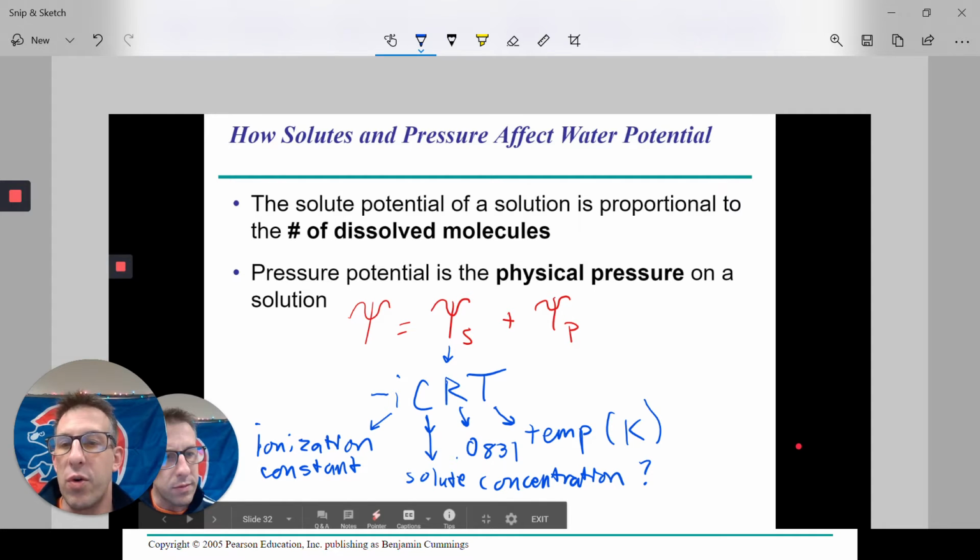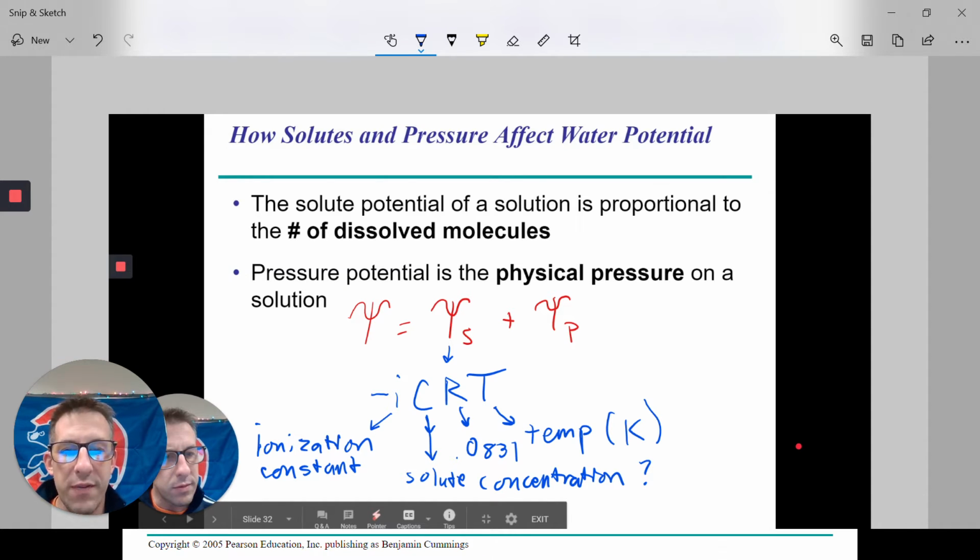I'm going to ask you a quick question. You can pause the video and try to answer it. What would the ionization constant be of salt, NaCl? Okay, if you answered 2, you were right. It breaks up into the ions Na plus and Cl minus. So the ionization constant of salt is 2. For every different substance, there is a specific known ionization constant, and if you don't know it, you can just look it up, okay?